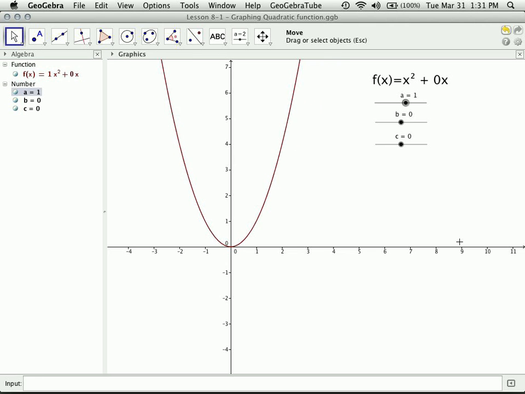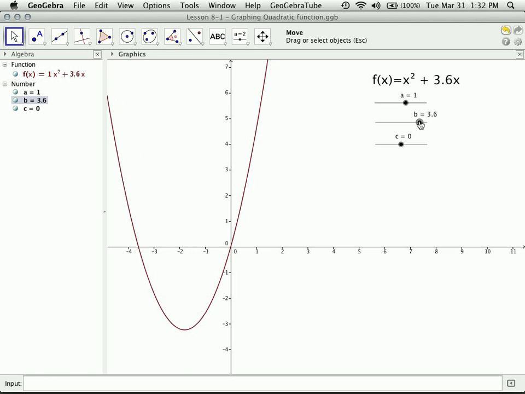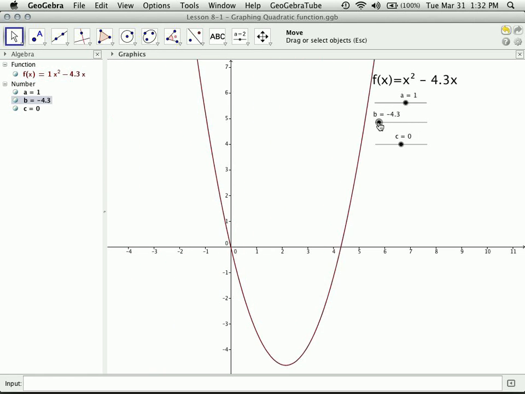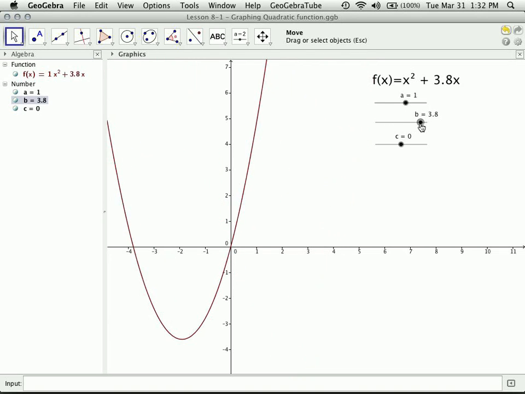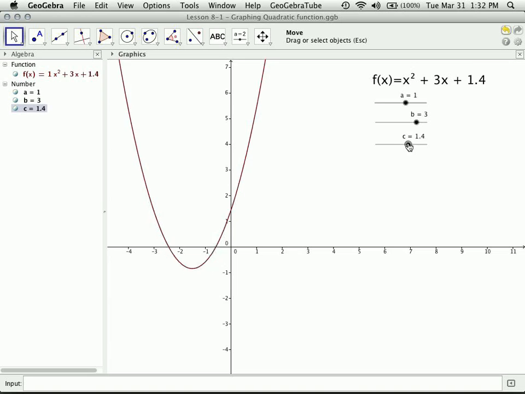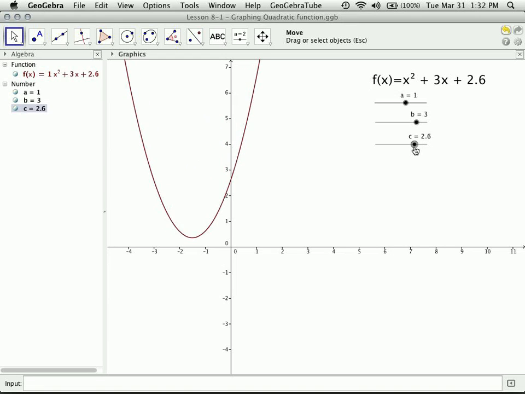So now this is y equals x squared. Let me change b. So let's see what happens when I change b. Let's see what happens when I change c. Notice what showed up here. A number showed up right there. That's c.